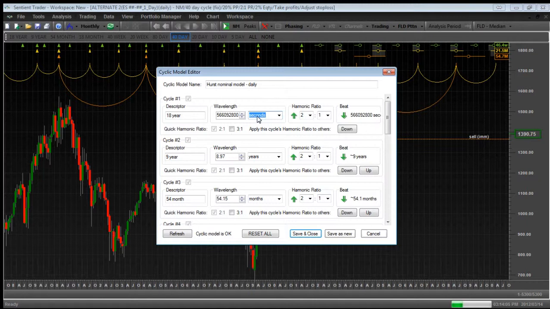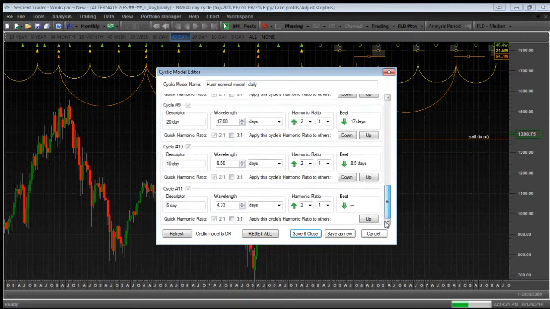Okay, so the one thing that you absolutely have to make sure of is that the harmonic ratios between those wavelengths mathematically make sense. In other words, they are correct. You should never just simply type in a wavelength.